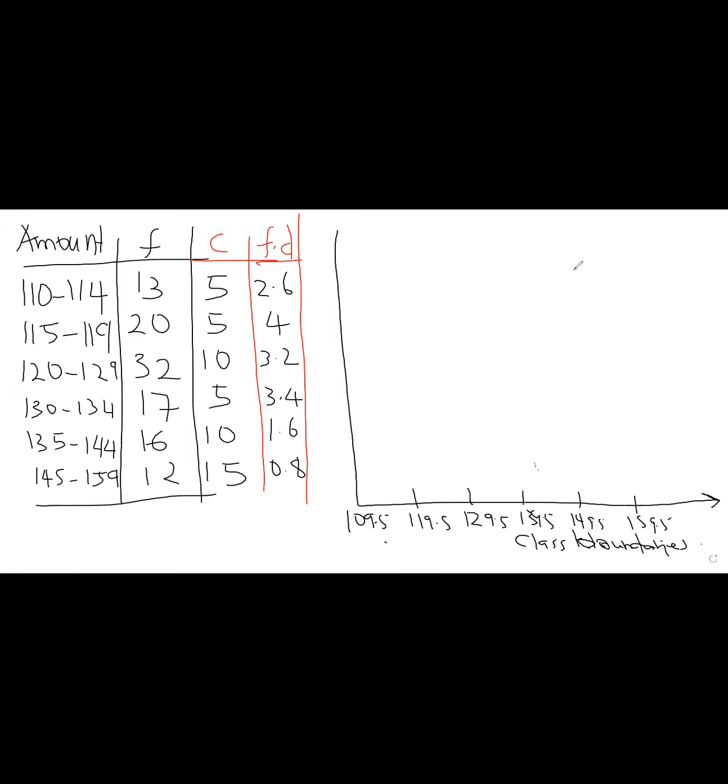So I come to the vertical, record the lowest. I also pick a scale. Because 4 is the highest, I'll say, let me use 0.5. Then 1, 1.5, 2, 2.5, 3, 3.5, and then 4.